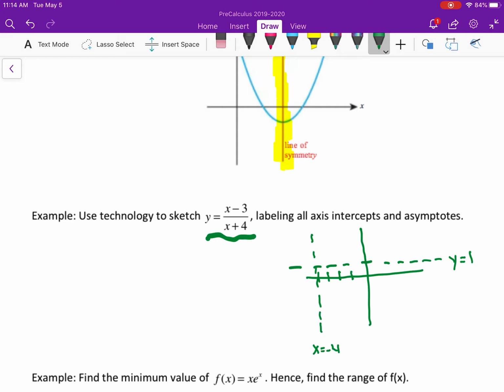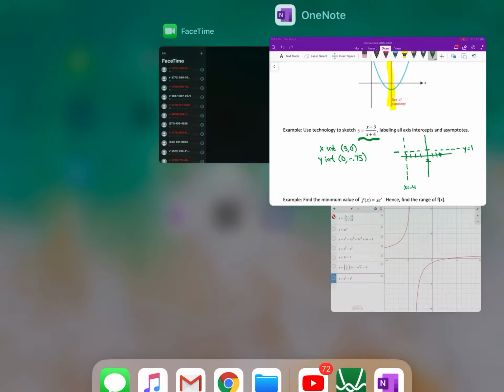And then if you go back to the graph, we have an x-intercept at 3, 0, and we have a y-intercept at 0, and it's like -0.75. So it looks like this. So we have an x-intercept at 3, 0, and a y-intercept at 0, -0.75.